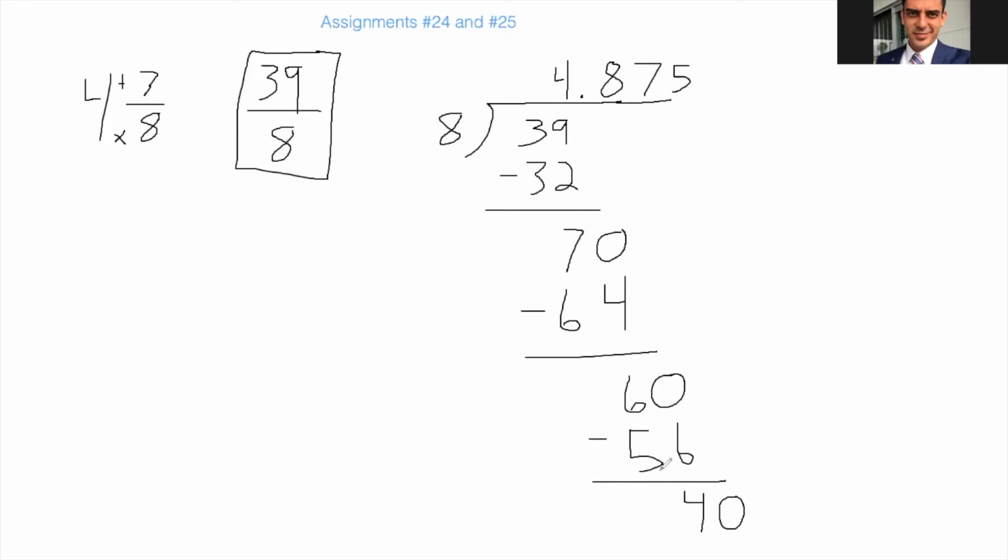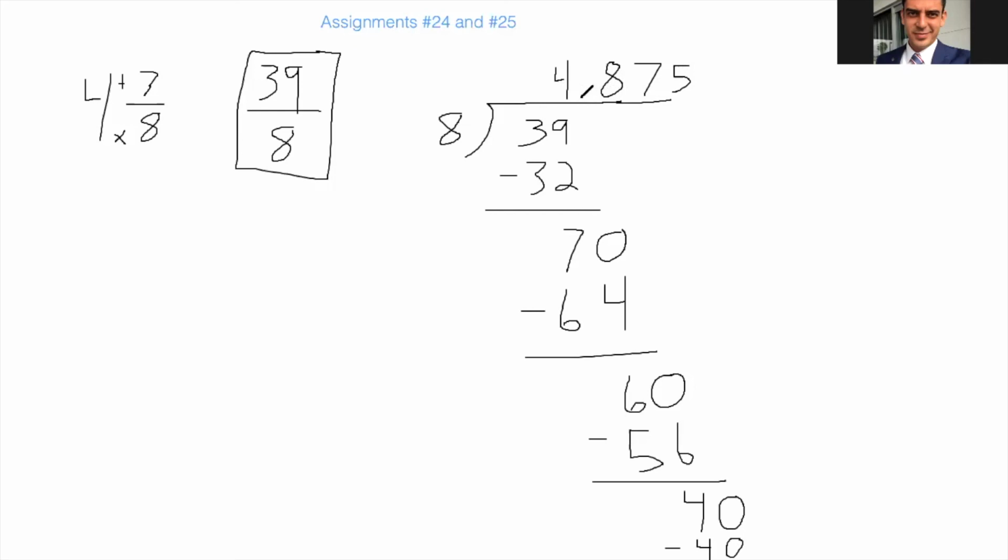So 5 times 8 is going to be 40. And then that will zero out that problem right there. So that's it. We're done with that. So now we know that it is 4.875.